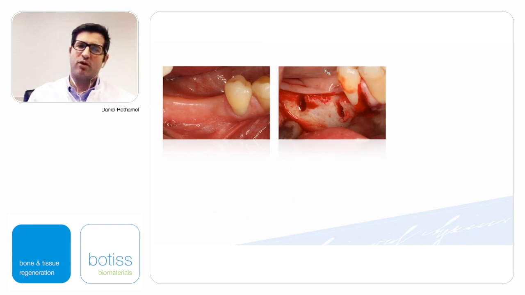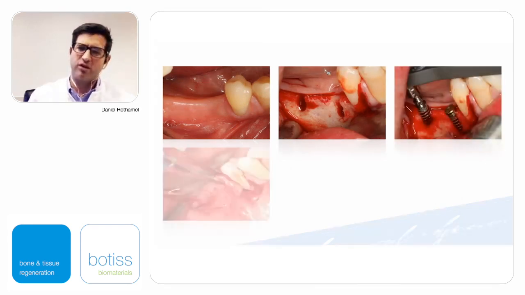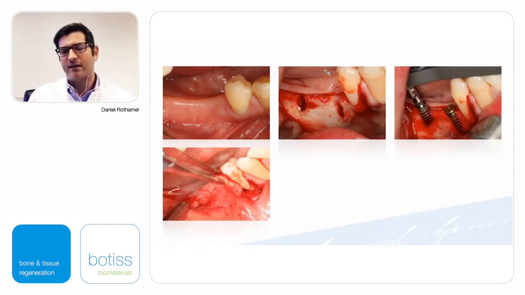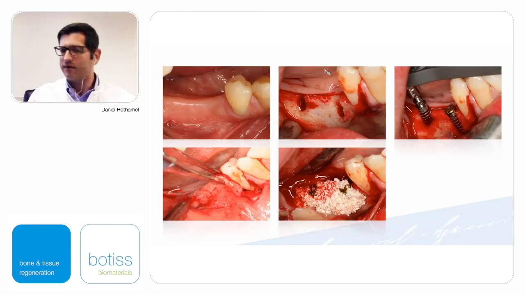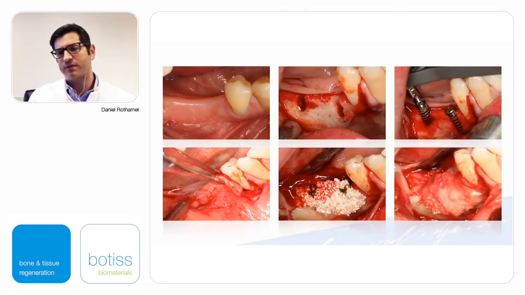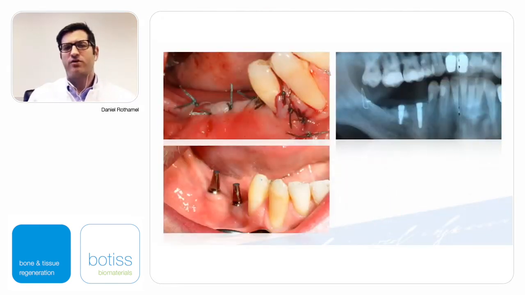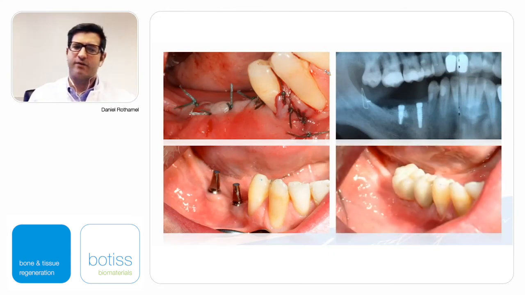Also, for lateral augmentations outside the envelope, I would use some pins today for further stabilization of the graft. Nevertheless, here the idea is to use autogenous bone in combination with a volume stable bone substitute material, a long-lasting pericardium membrane, soft tissue closure, implant uncovering, and nice outcome.